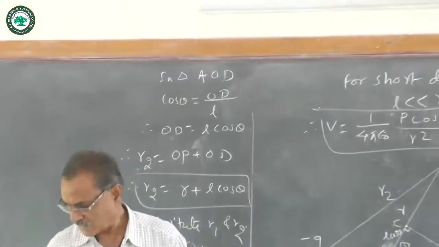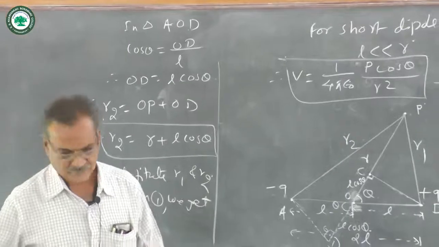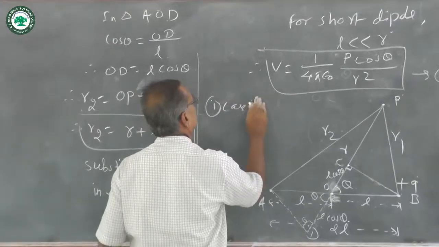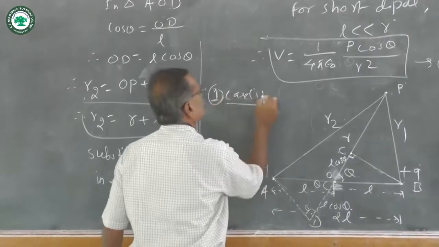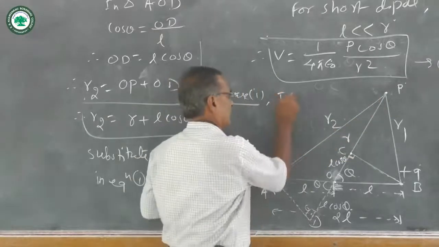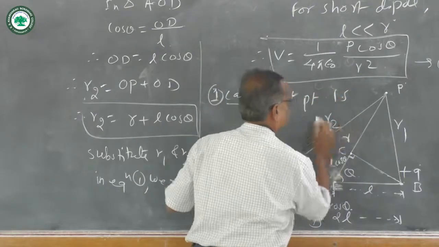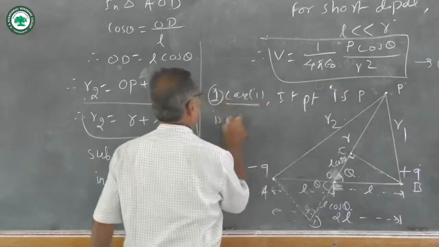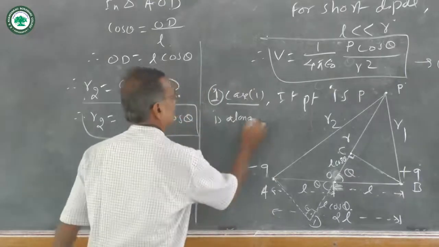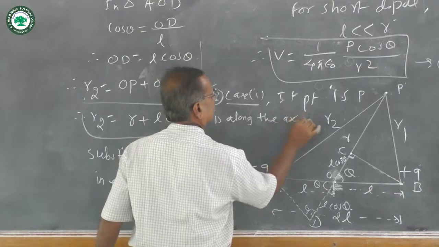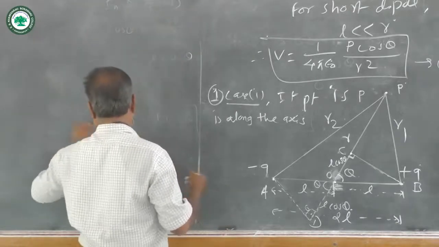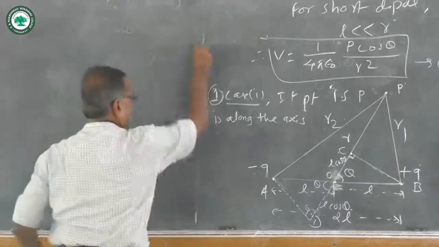Now here we'll consider two cases. Case first: if point P is along the axis, it means the angle between them is 0 degree.